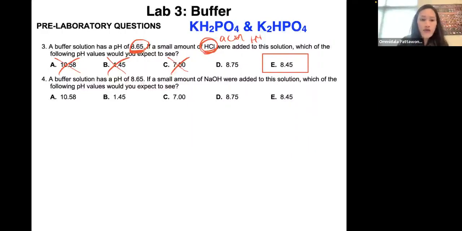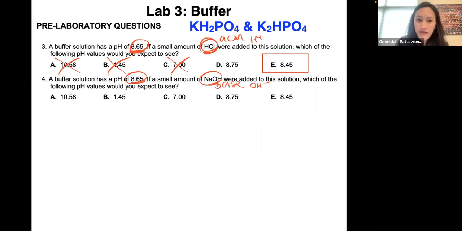Now, what if you have the same buffer solution with the pH of 8.65, and you add a small amount of strong base, such as sodium hydroxide? Again, you're adding a base, so you are pretty much adding hydroxide ion. What would happen then?